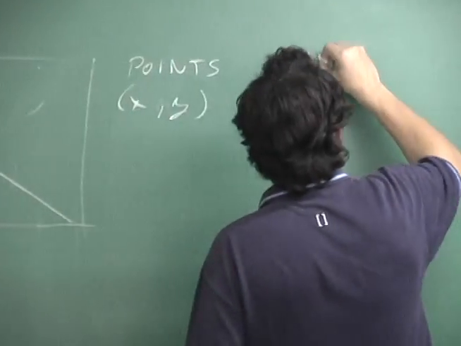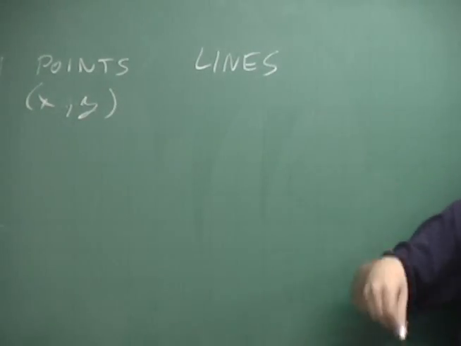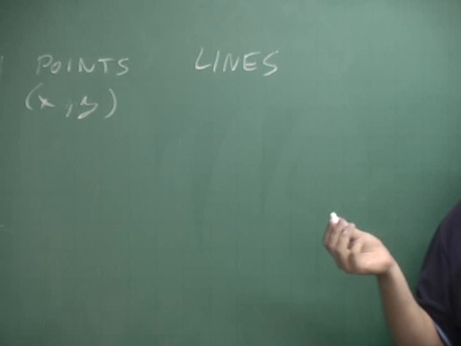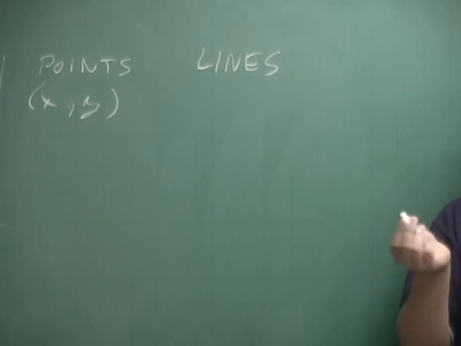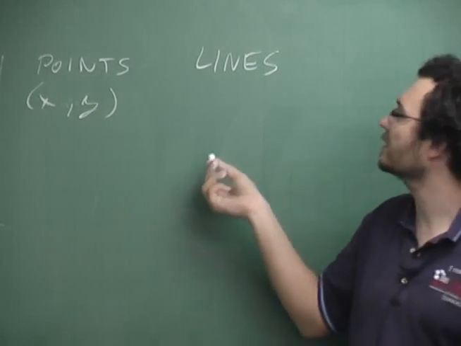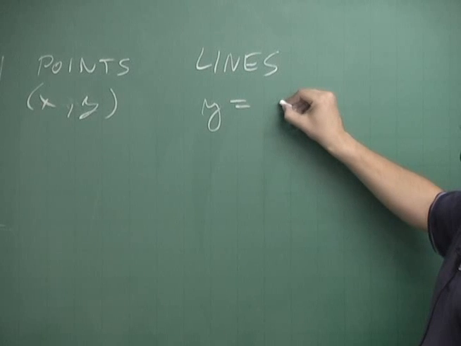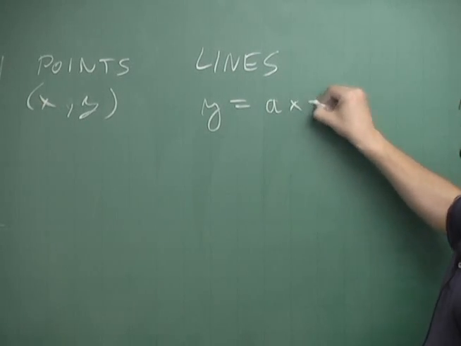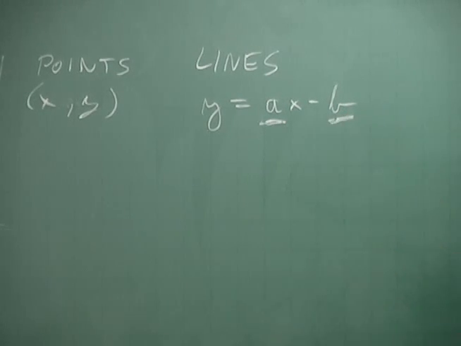If we have lines, the lines, except for vertical ones which are special cases, we will ignore those for a while, can also be represented using two numbers each. For example, you can have a line y equals ax minus b. So here's a number, here's a number. These two numbers represent lines.